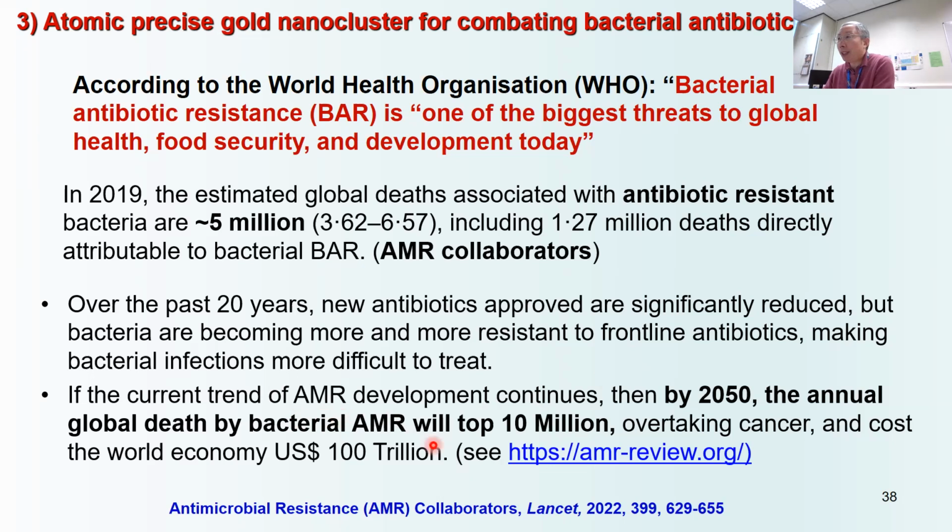If the current trend continues, then by 2050 the annual global deaths from bacterial resistance will top 10 million, which will overtake cancer as the leading cause of death and cost the world economy over $100 trillion.